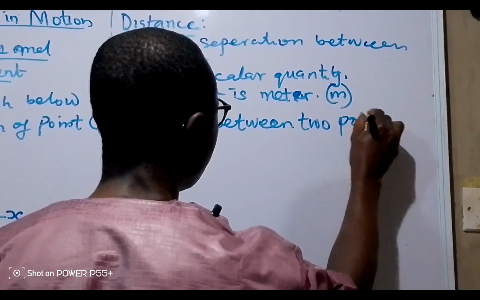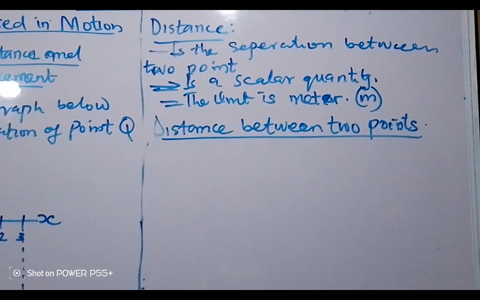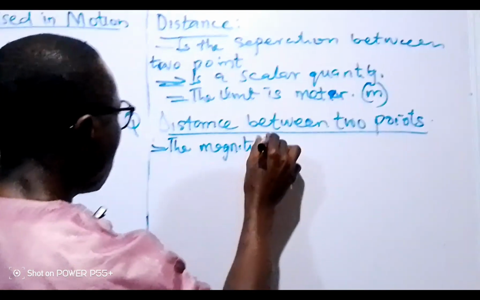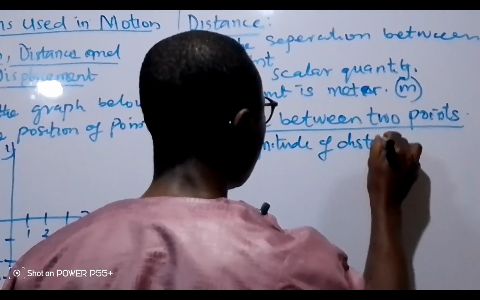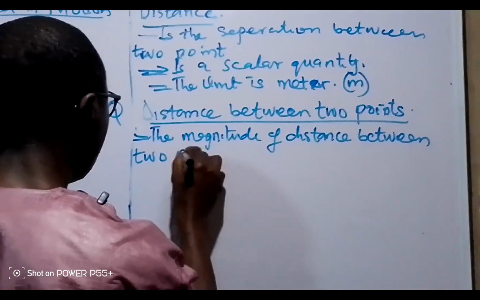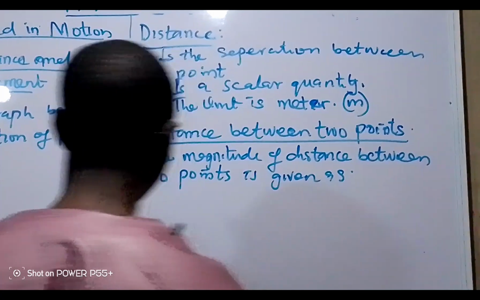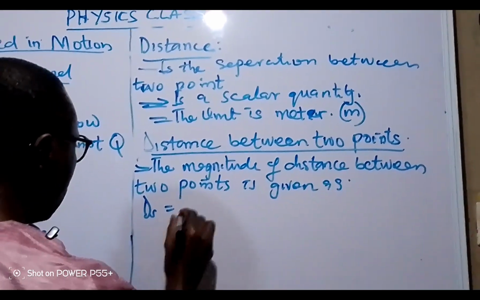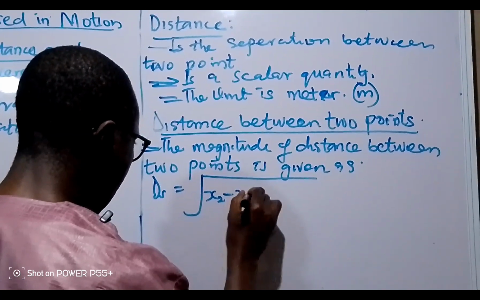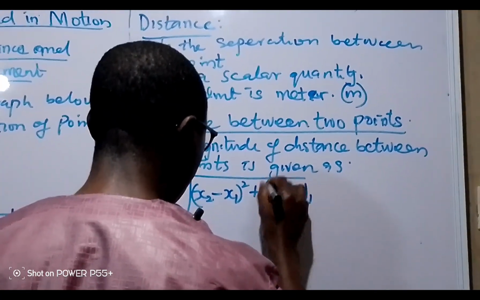To calculate the magnitude of distance between 2 points, it is given as distance S is equal to the square root of (X2 minus X1) squared plus (Y2 minus Y1) squared.